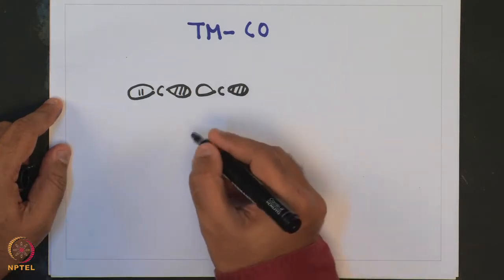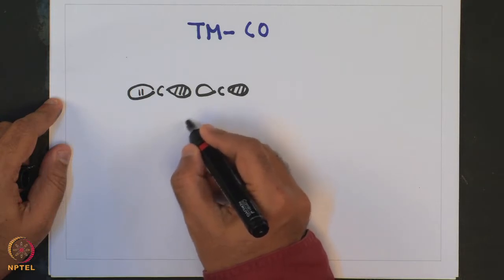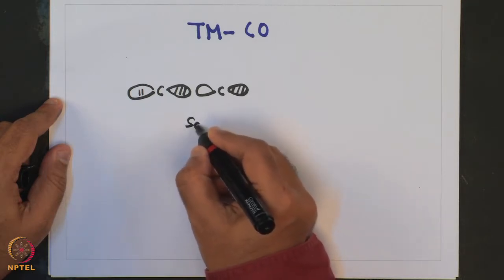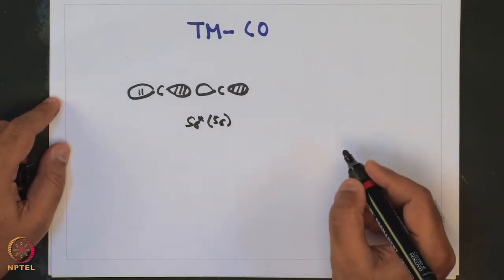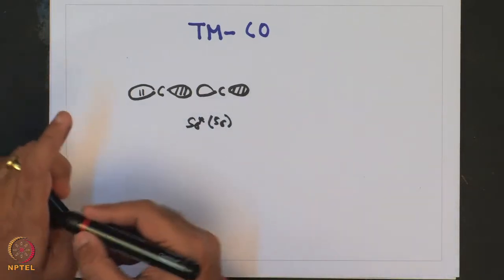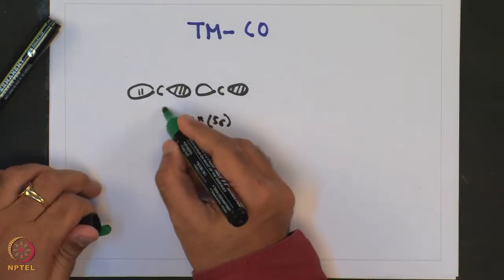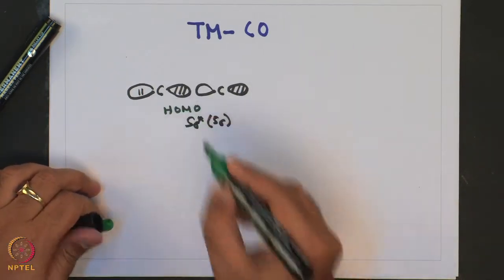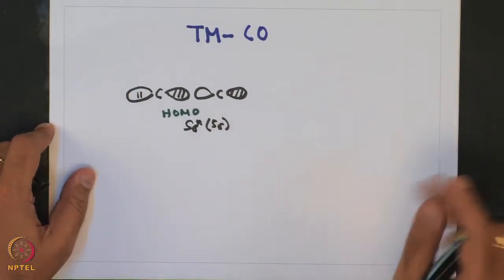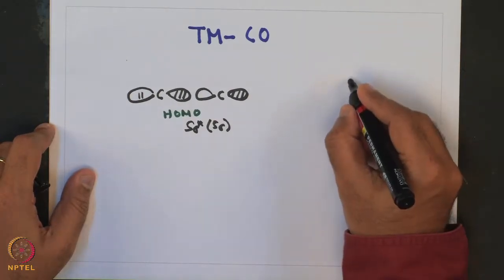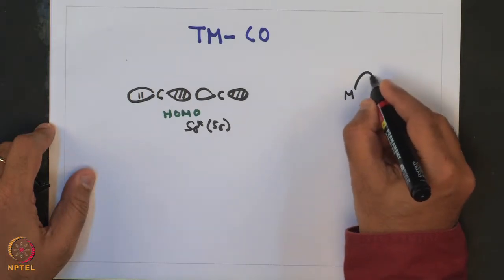So, this is the 5 sigma orbital, a filled orbital which is sort of the HOMO of carbon monoxide, and we had also seen the LUMO contains two degenerate orbitals which is a pi type and contains the interaction like this.